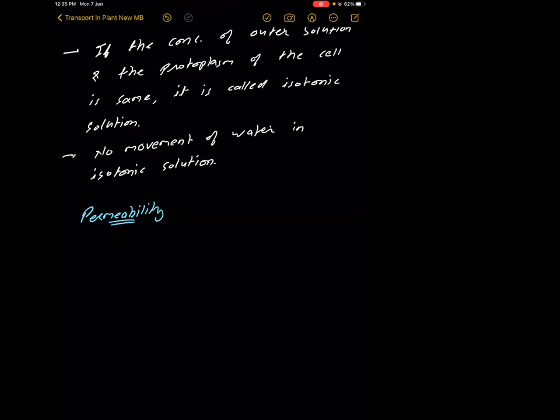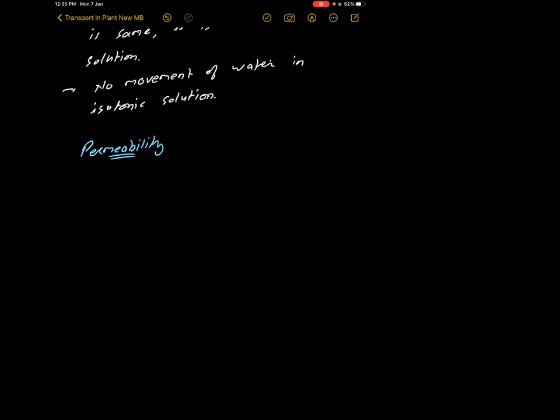So, four different membranes. Permeable membrane, generally the cellulose cell wall, the cell wall formed by cellulose, is permeable. It allows both solute and solvent. Impermeable membranes are also cell walls, but lignified or suberized.